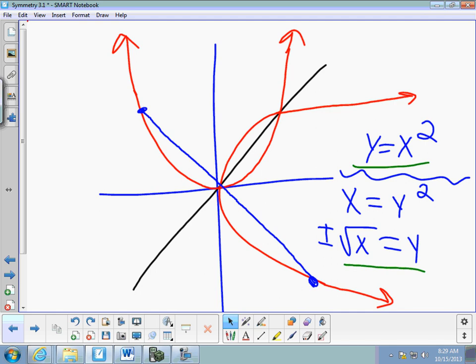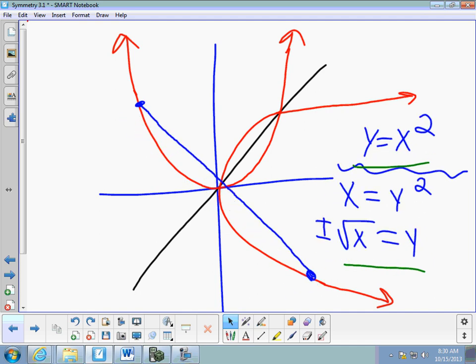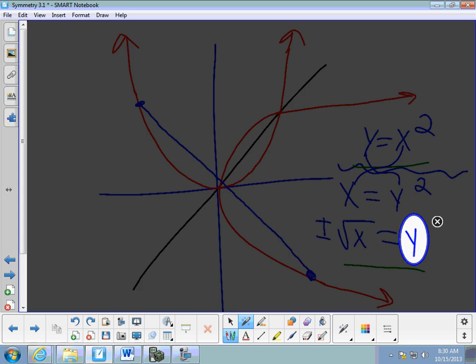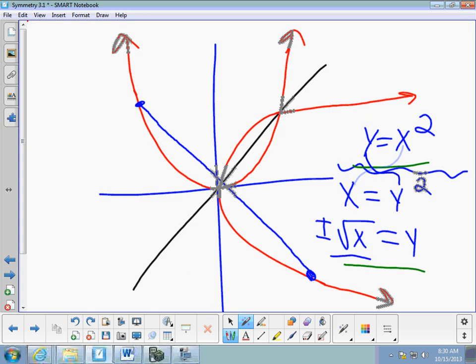What I was trying to show there, Kendall, is that this graph is not symmetric with respect to the line y equals x. The original right side up parabola is not symmetric. When I interchange the x and the y, I put the x value where the y value was, and I put the y value where the x value was. And when I tried to solve for y again, it did not give me the same thing I started with. So no symmetry. Just like we were doing with the other stuff.